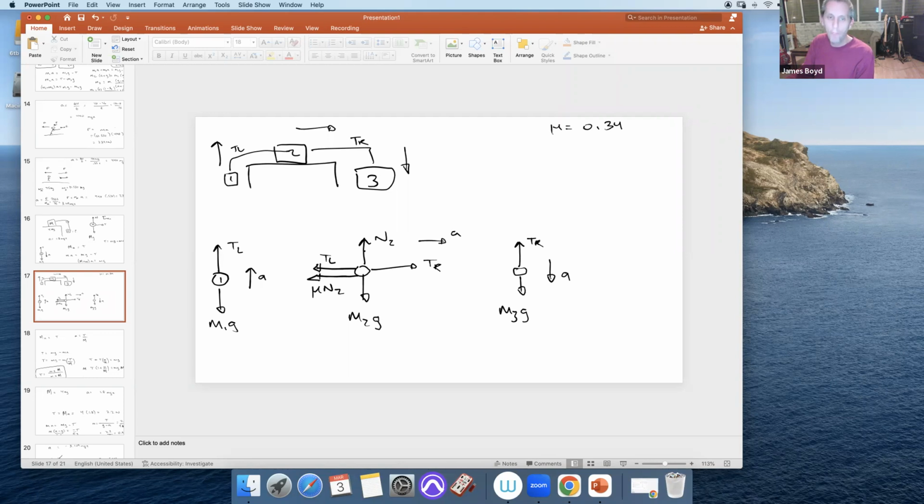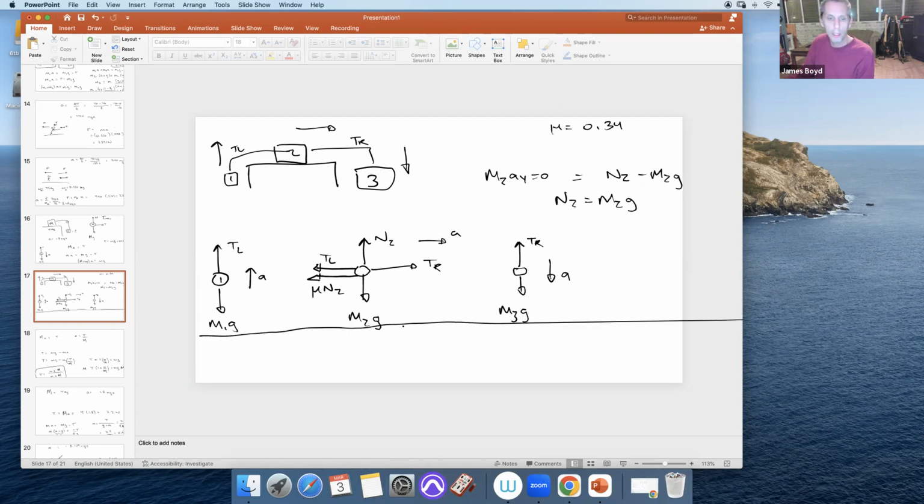Now I know for mass 2, AY is 0, so N2 minus M2G is 0, or the normal force on the middle one is M2G. If I want to write these three Newton's equations, I get M1A is T left minus M1G. M2A is T right minus T left minus mu M2G.